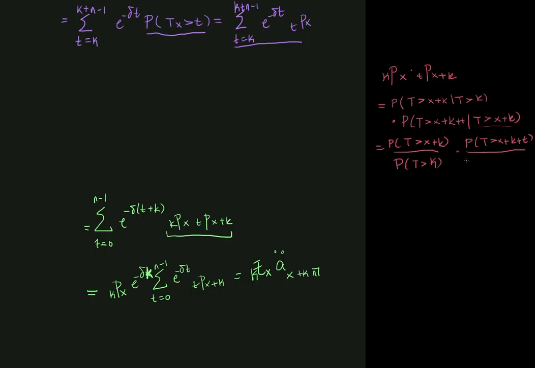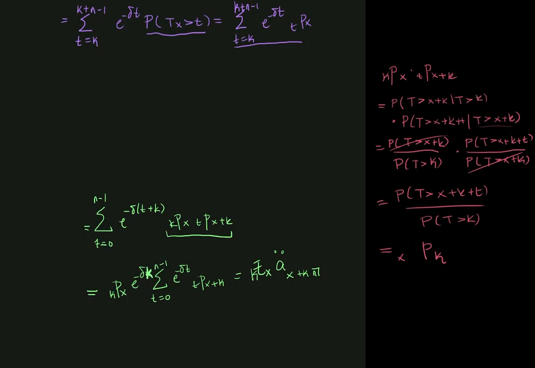And then we divide by the probability of the event we condition on, which is T greater than x plus k. So this goes out and this goes out. And what we're left with is the probability that T is greater than x plus k plus t divided by the probability that T is greater than k. And this is again just the conditional survival probability for a k-year-old, the next x plus, what happened?